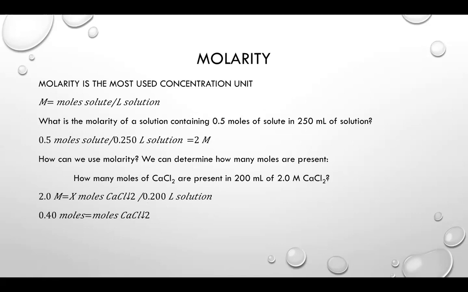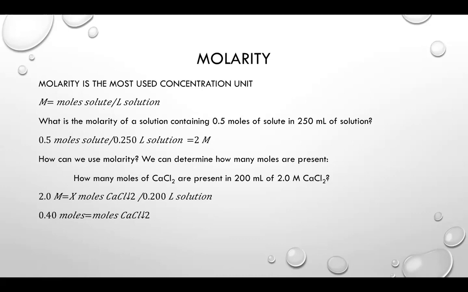So now we're going to talk about molarity, and this is the most used concentration unit. You'll see this indicated by the big M. And what molarity is equals the moles of the solute per liter of the solution. And so in chapter 5, we talked all about moles and atoms and how we can do a moles to gram conversion.